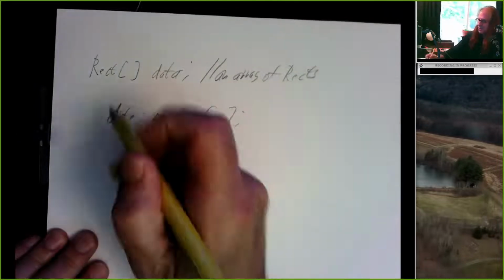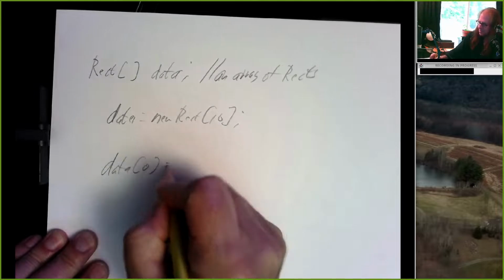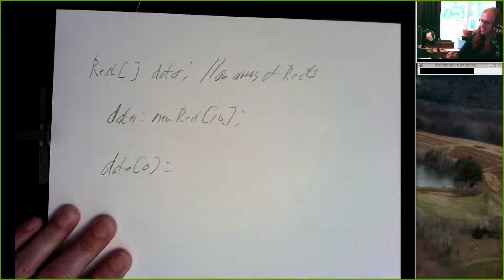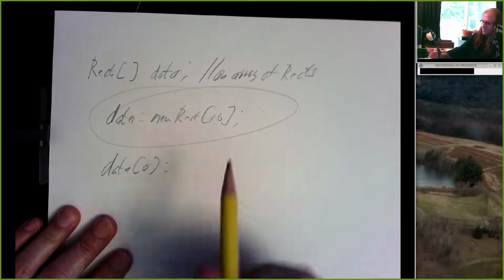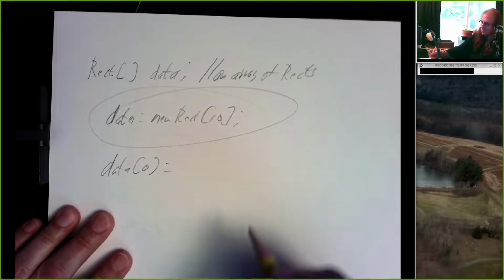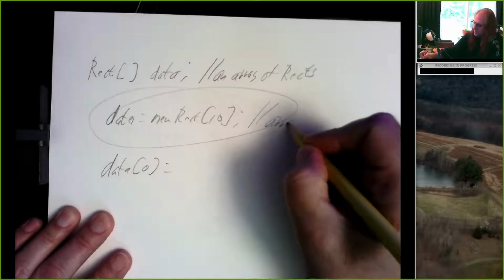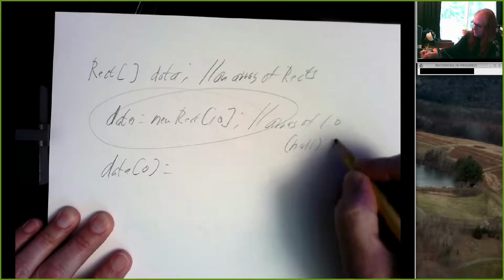And then if I want to actually do something with data bracket 0, I have to construct that actual rectangle. This is setting up the array, but the elements of that array are still null. So this is an array of 10 null rectangles.